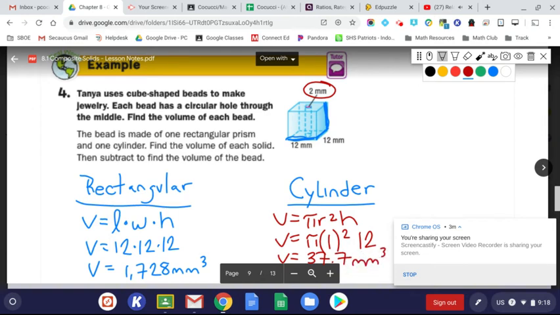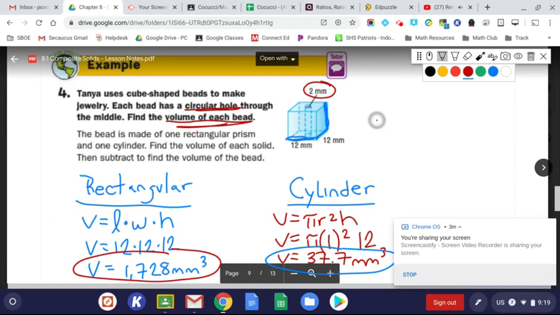Now, here's the quick question that we need to figure out. It says to find the volume of each bead. Well, it has a circular hole in the middle, and that's represented by this cylinder. So in order for us to find the volume of the bead, we're going to take the volume of the rectangular prism and subtract the volume of the cylinder. So let's do that now.